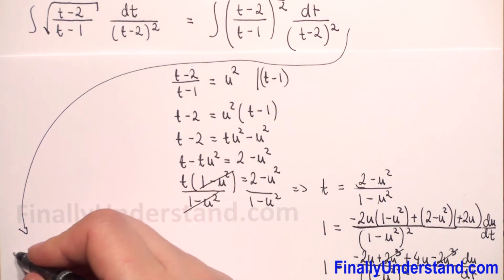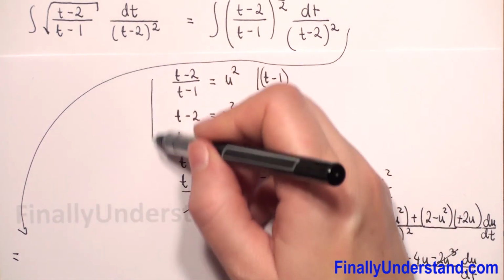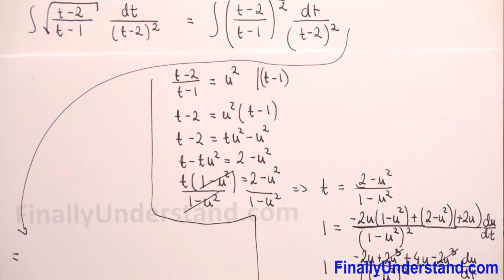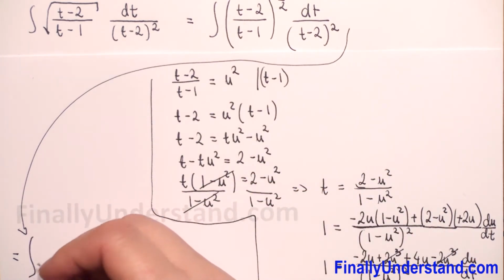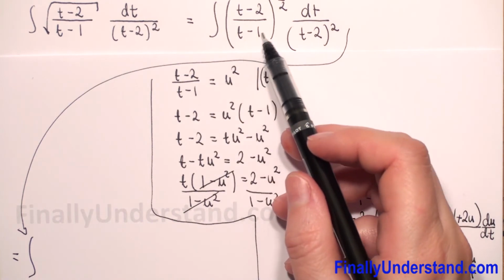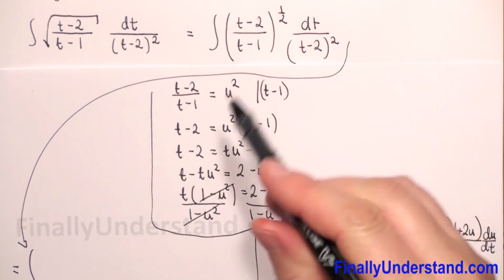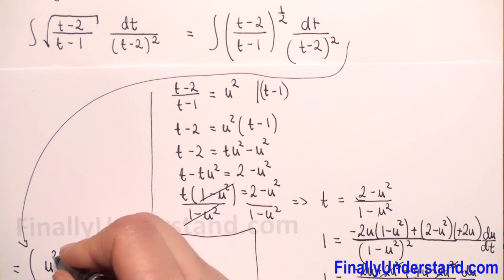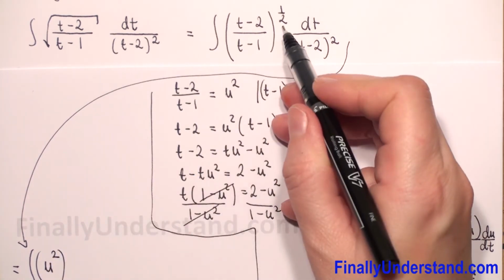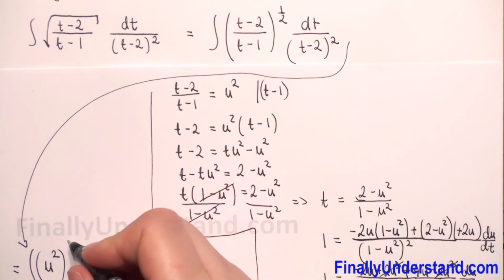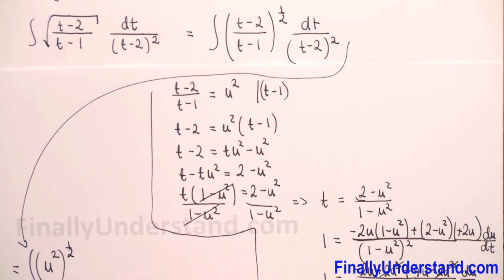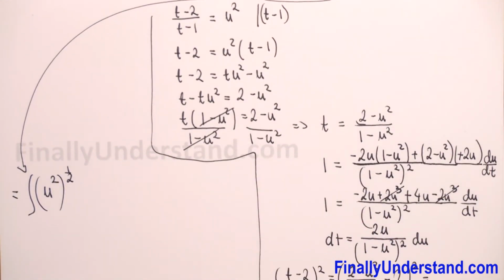So we have that our integral is equal to (t minus 2) over (t minus 1) is u square, and we have to set power 1/2, dt is equal to this expression.